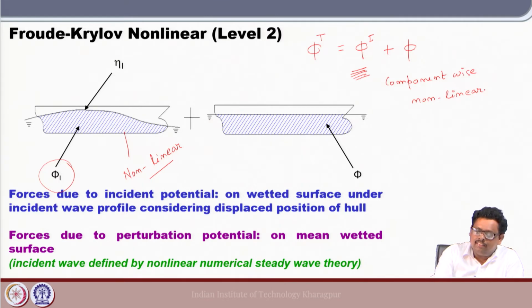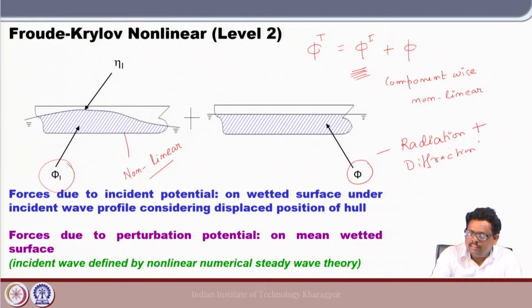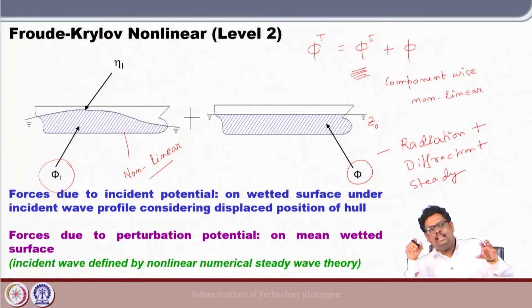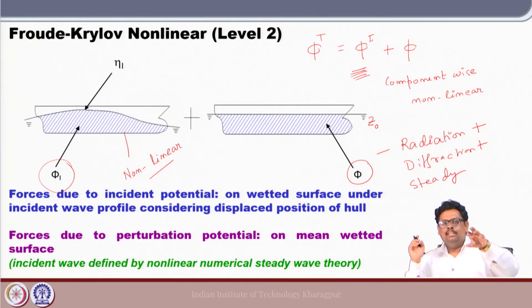However, the radiation or disturbed potential, which gives me the radiation force and the diffraction force, and also the steady part of it, when you calculate this, that time I am using our mean wetted surface z0. So, level 2 is that when we do this phi I, we are using the exact wetted surface, but when we do the phi we do not use the exact surface.